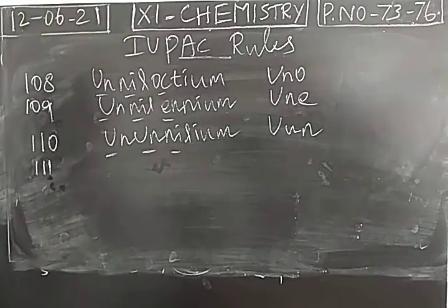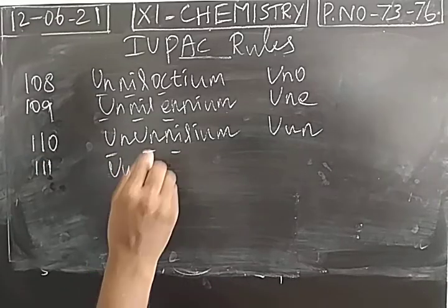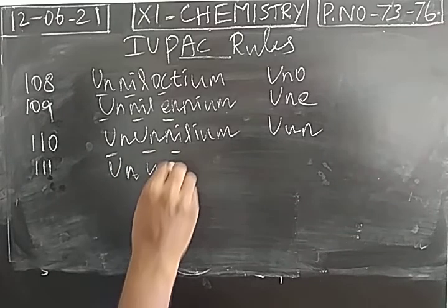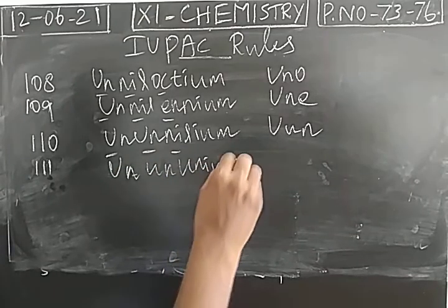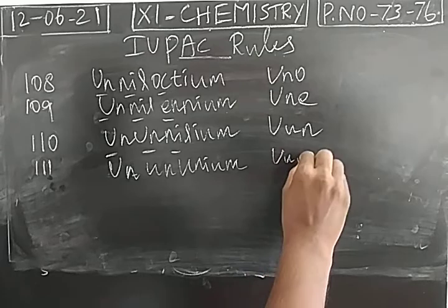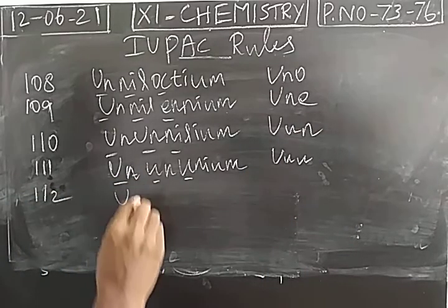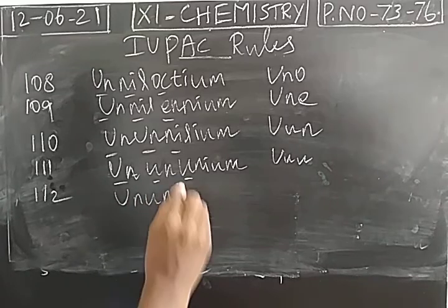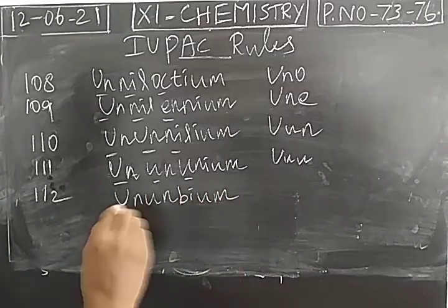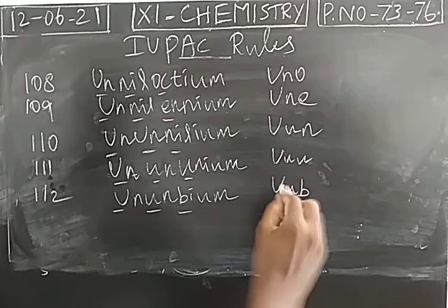Element with atomic number 111: unununium, Uuu. 112: ununbium, Uub.